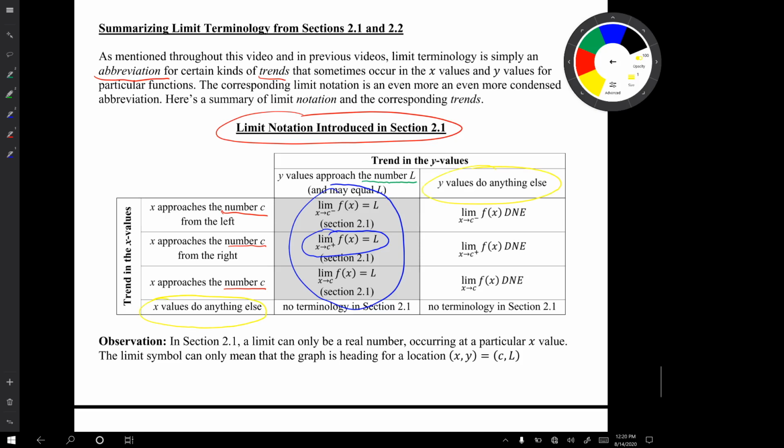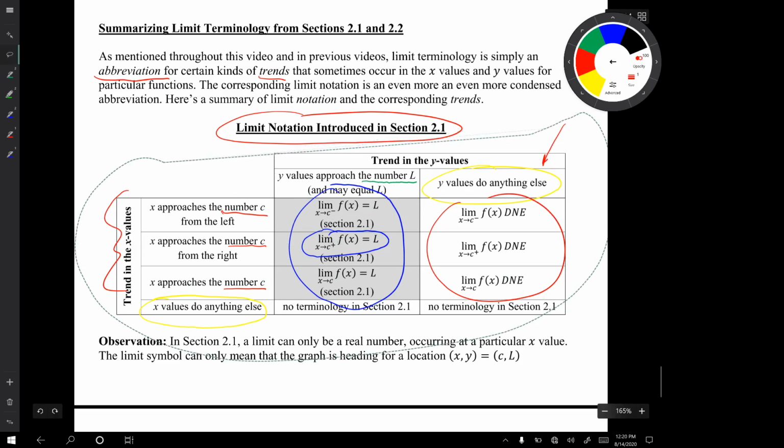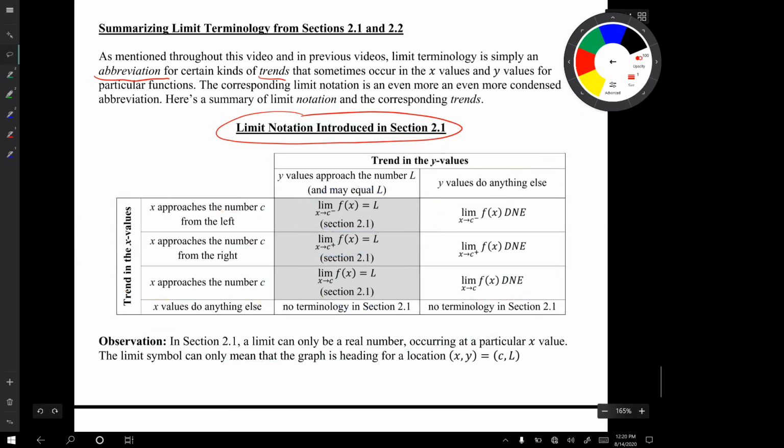So if the x values did this stuff, but the y values did anything else but approach some number, then we would just have to say that the limit does not exist. And if the x values did anything but simply approach some number, then we didn't have any abbreviation for that situation.